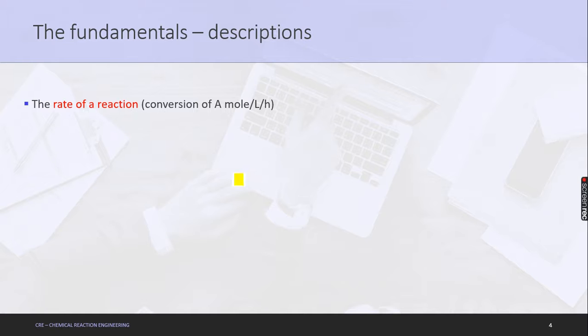Whenever we are talking about any rate of reaction, we need to understand that the unit is always fixed: mole per liter per hour, or maybe gram per liter per minute. Anyway, the three components amount, volume and time will be there.